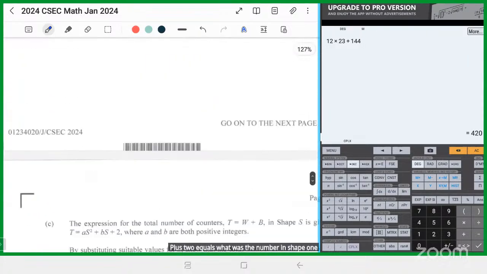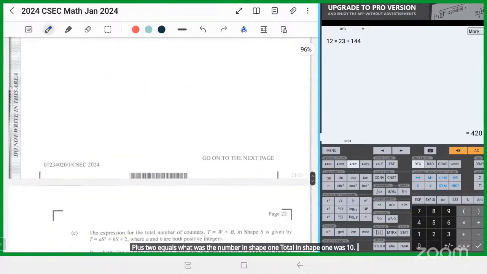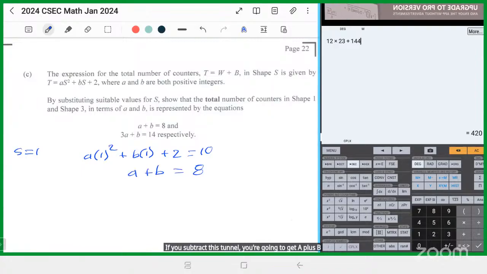For the total, the total in shape 1 was 10. So put that equals 10. If you subtract this 2 now, you're going to get A plus B equals 8. Therefore shown.